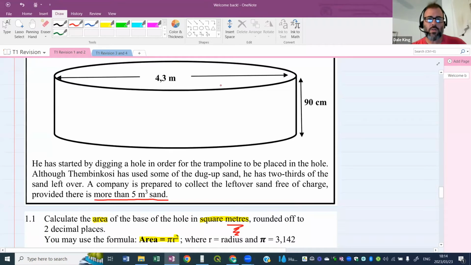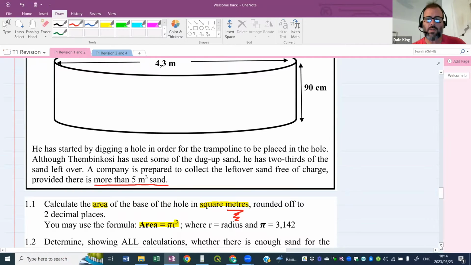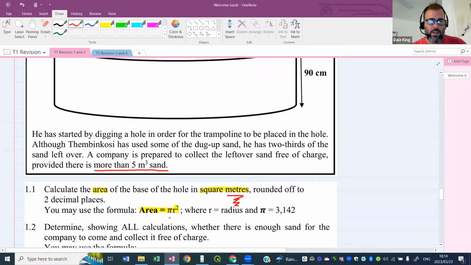Do we need this for the formula? No, we don't actually need it for the formula, but it will need to be converted if we're working in meters at some point. We only need one dimension, because the two parts we have are pi, which they give us, and the radius, which we can get from the diameter. So we can go straight into this formula.